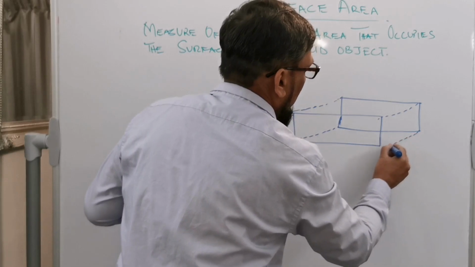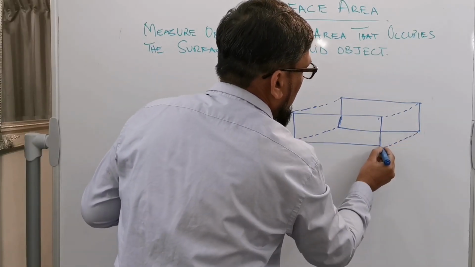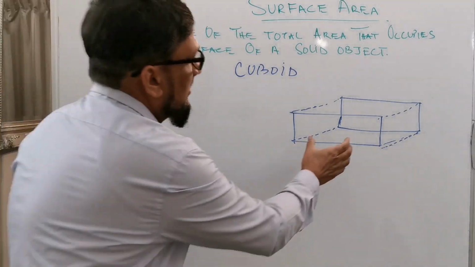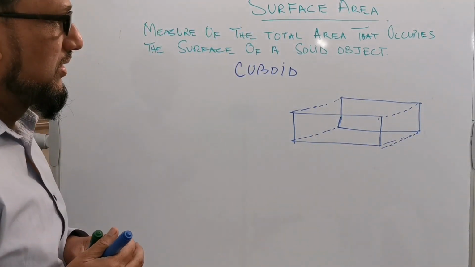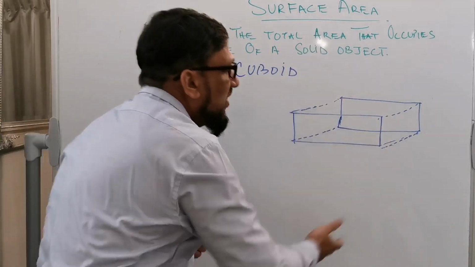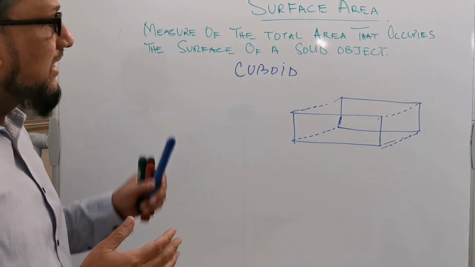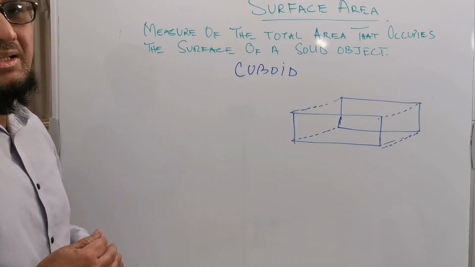Now you can see it has a square shape. But how many faces are there? The same faces as the cube.